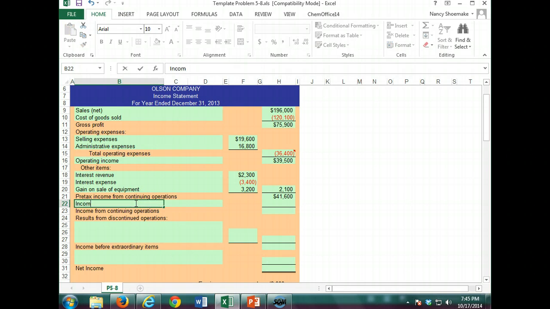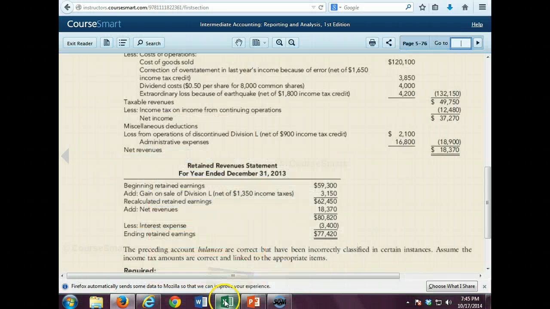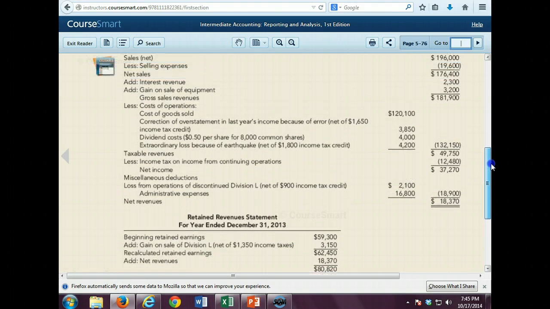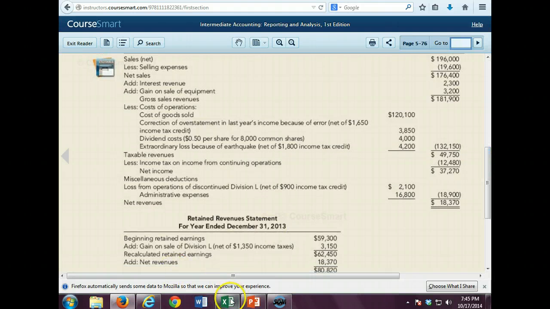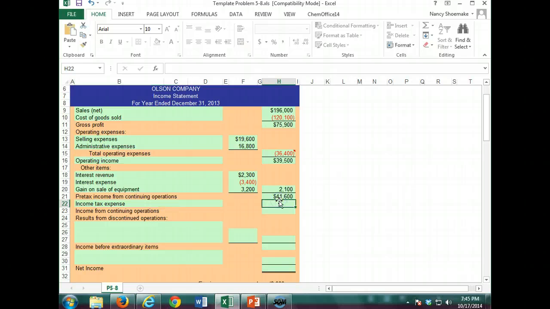Yes. What does it show us the income tax expense is? $12,480? Yep. So we'll put in the 12,480. And now we have income from continuing operations.